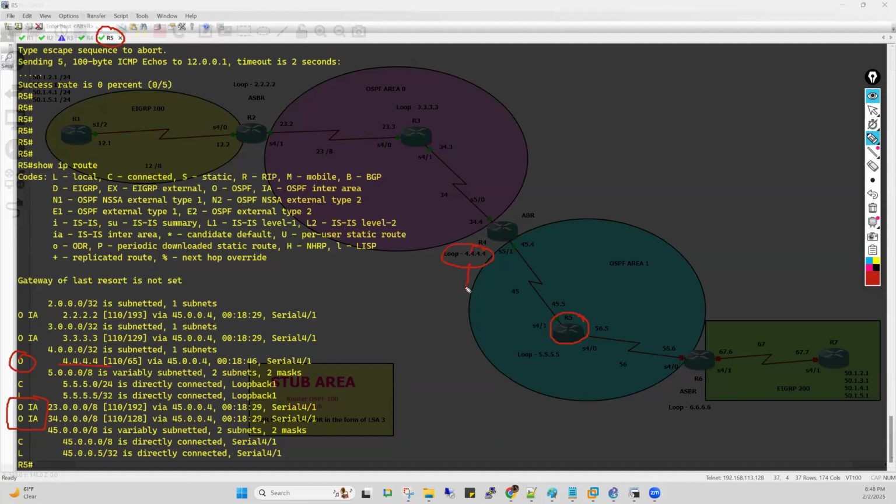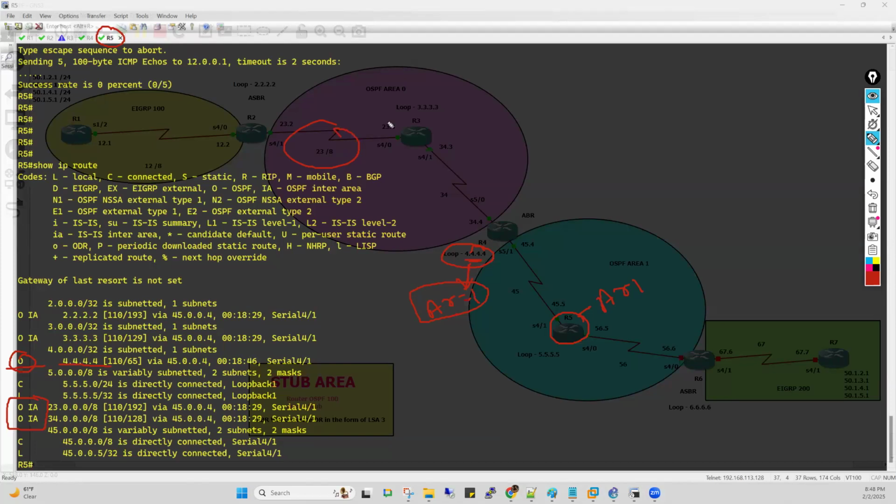And this prefix is the part of area 1 or area 0? This prefix is the part of area number 1. And R5 is also part of area number 1. So for this router, this network 4.4.4.4 is an internal network, same area network. Yes or no, everyone? So here you are getting O. But what about the 23 network?